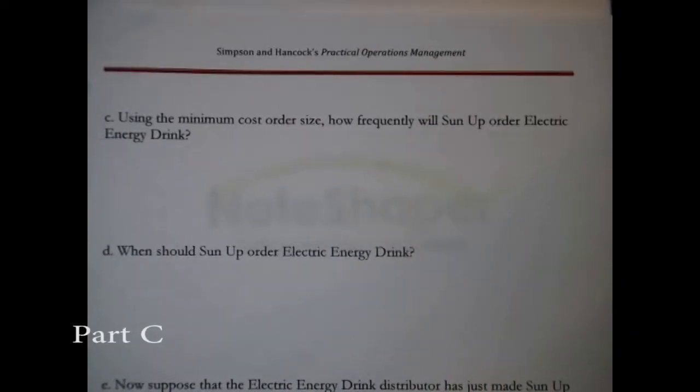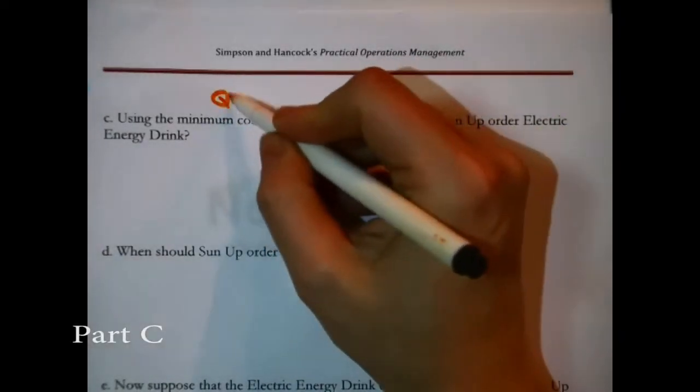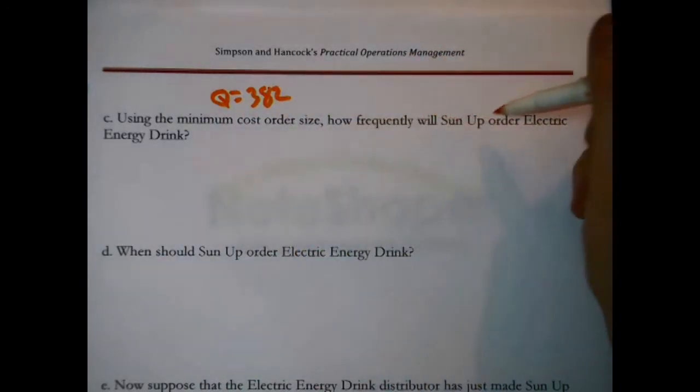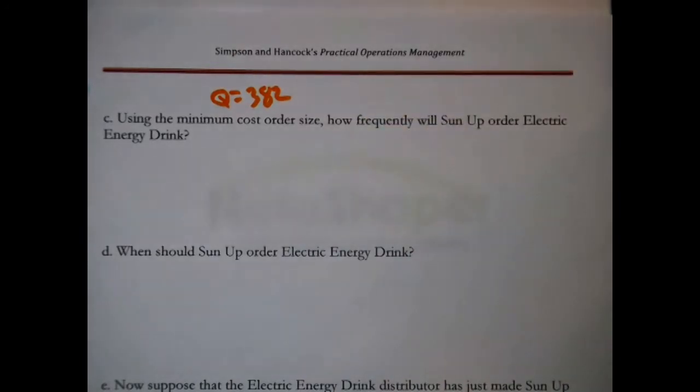Using the minimum cost order size, so again, that is Q equal 382, how frequently will SunUp order electric energy drink? We figured that out also.